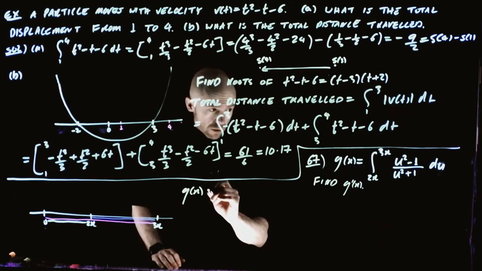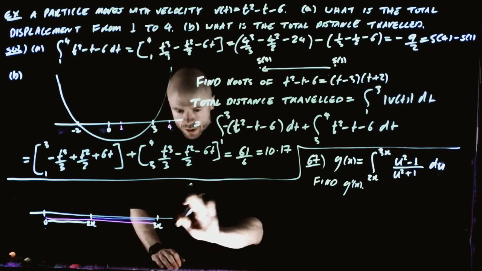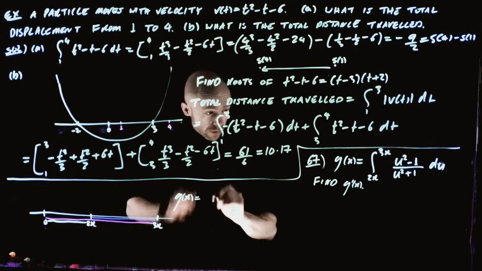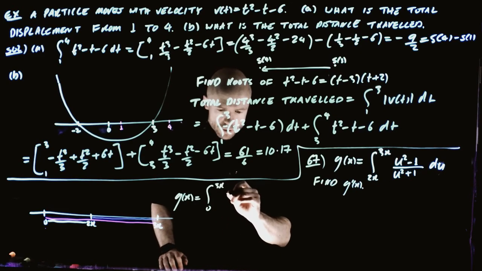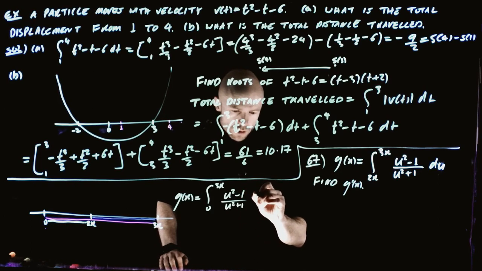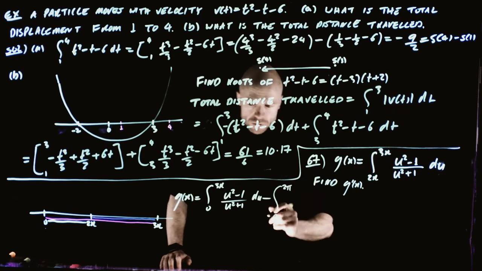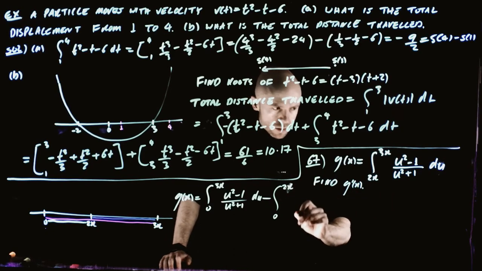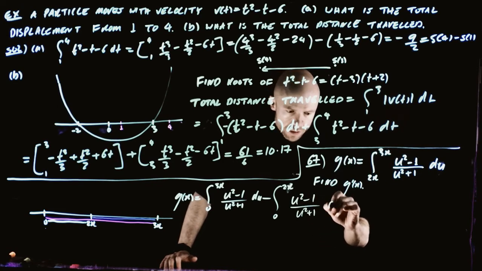So g of x is the integral from 0 to 3x of u squared minus 1 over u squared plus 1 du, minus the integral from 0 to 2x of u squared minus 1 over u squared plus 1 du, right?